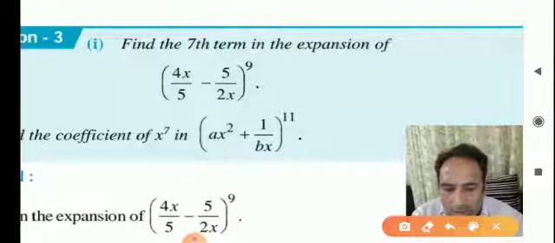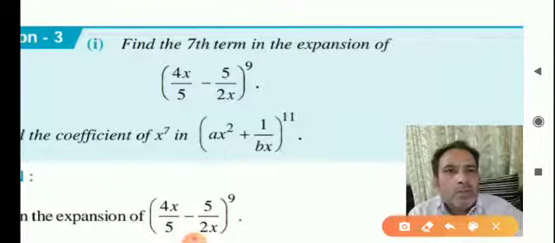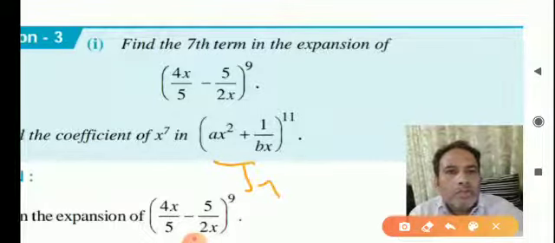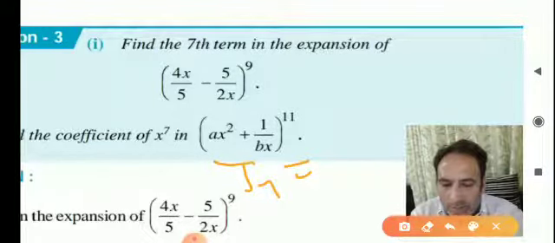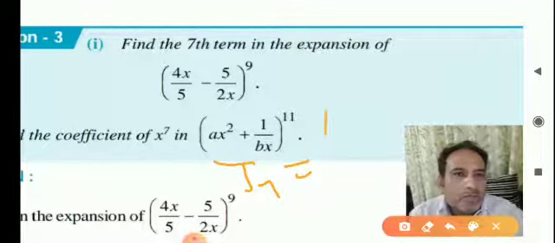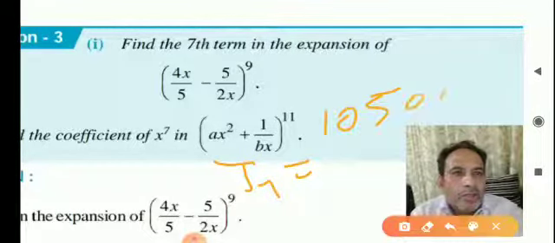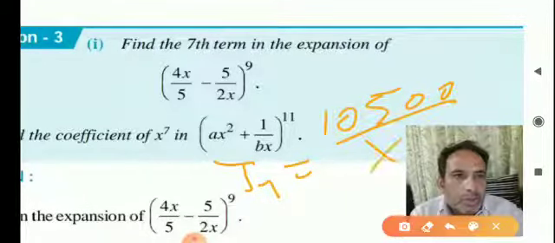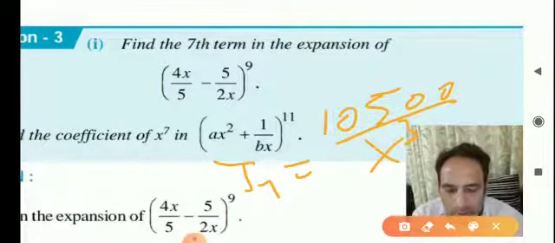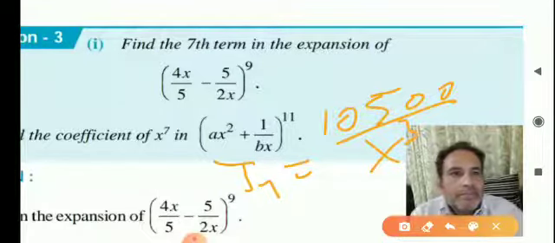And hence we can say, open this, and in this way you will get T7. Let me solve over here: T7 equal to, that is perhaps, 10500 upon x cube, and this will be the answer, T7.